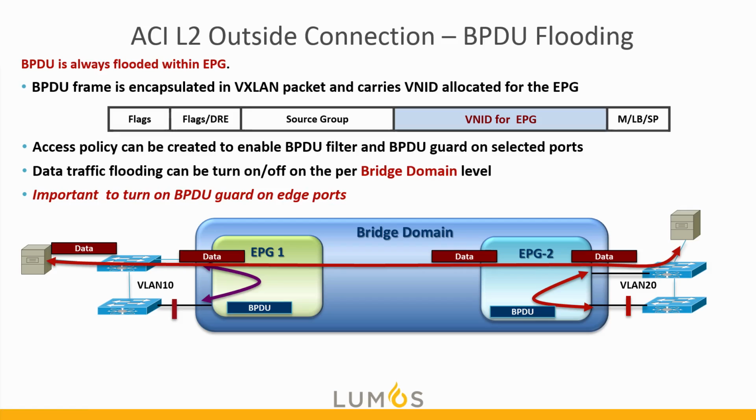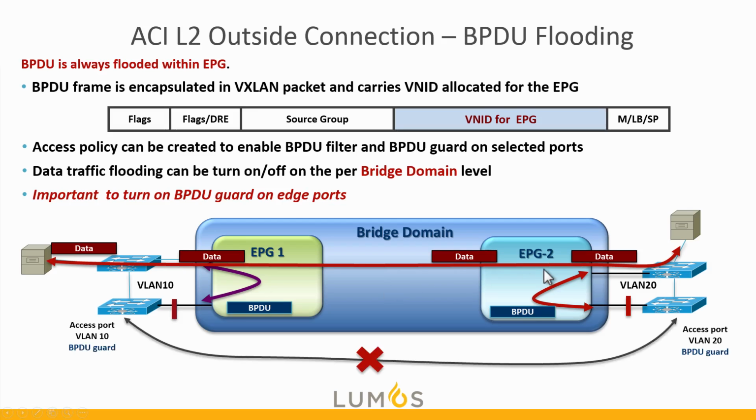So in this case, we could potentially have a layer 2 loop if, let's say, for some reason someone configured an access port VLAN 10 over here and an access port VLAN 20 over here. So let's say we have 10 and 20, and so these are 2 different VLANs, right?